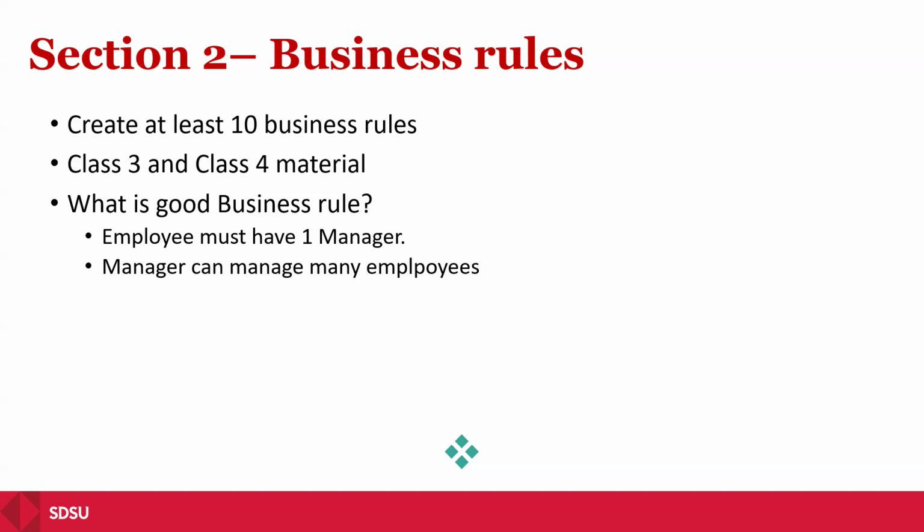Some, one, two, or three business rules can complement each other. Here we have an example: employee must have one manager, and manager can manage many employees. Those two business rules complement each other. Again, for business rules and all the information related to them, please refresh class 3 and class 4 material.